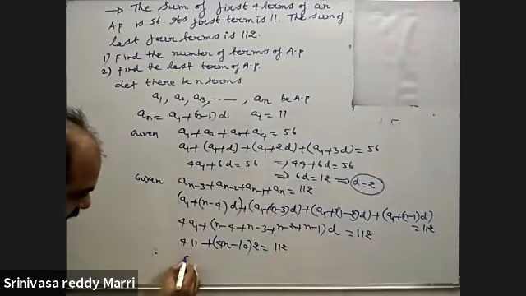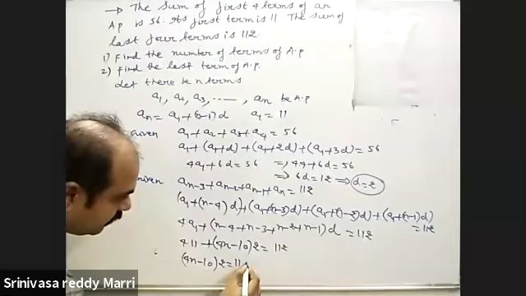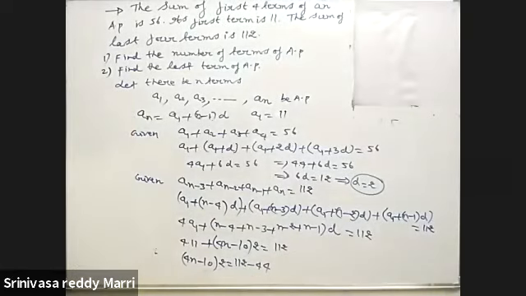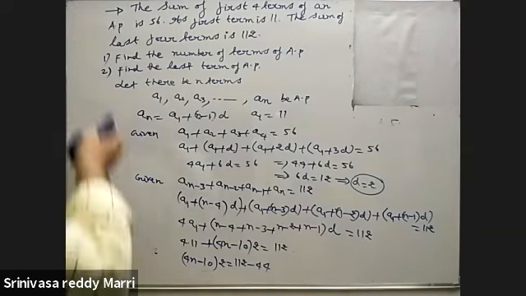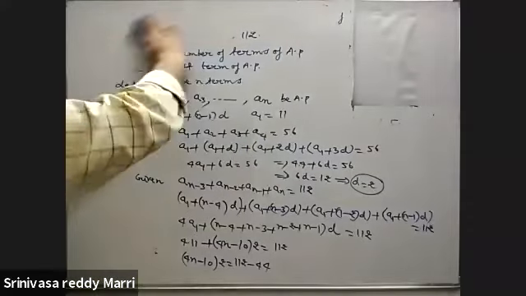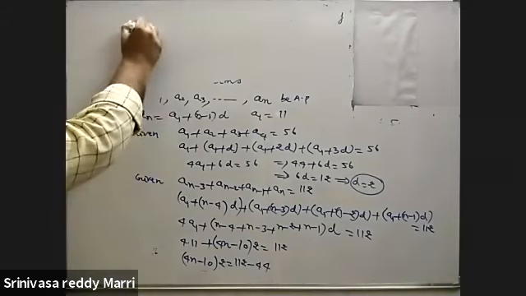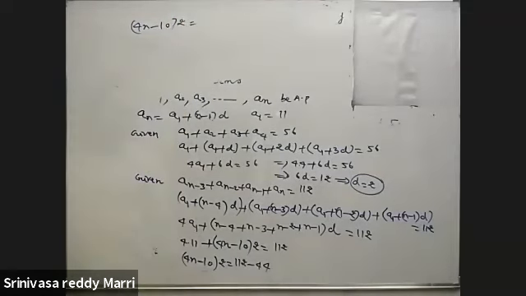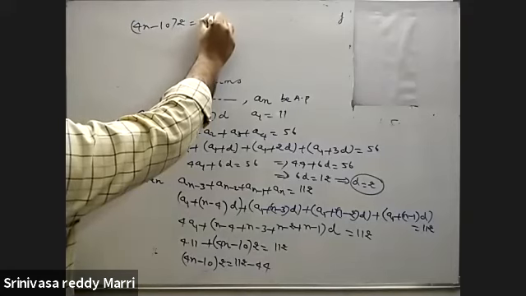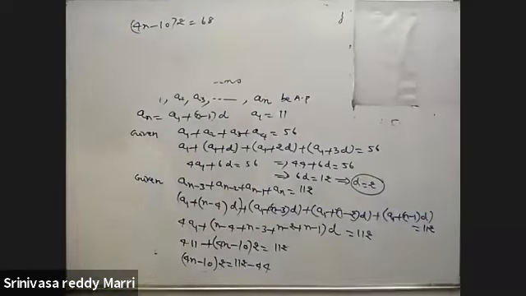Bring this 44 to that side. (4n minus 10) into 2 is nothing but 112 minus 44, which is 68.